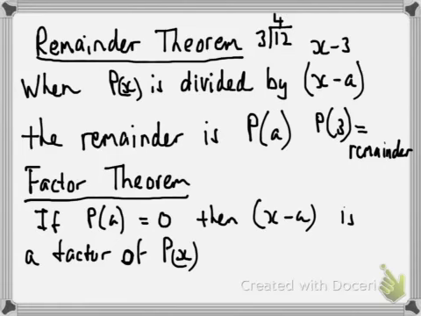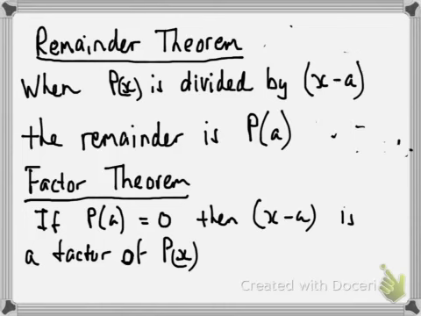So 3 is a factor of 12 because it divides in evenly, no remainder. So the factor theorem says that if we divide in and we don't get a remainder, we're looking at a factor in that situation. So they're the two theorems we're going to look at here, and we're going to concentrate now on the factor theorem.